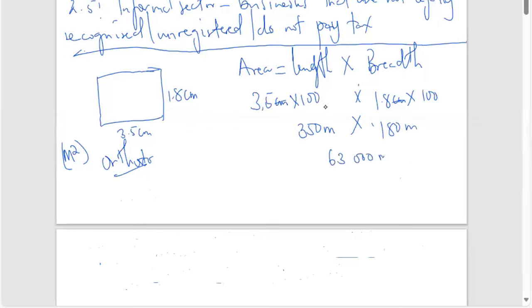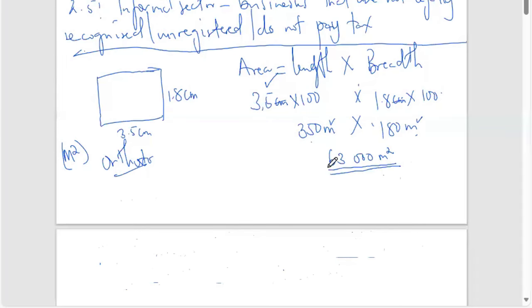And already our answer is in square meters because we are multiplying a meter by a meter. So that's basically how you calculate. You measure the length and multiply by 100 to get the actual distance in meters. You are given the breadth in centimeters, you multiply by 100 to get the actual distance in meters. Then you multiply the two to get your answer in square meters.